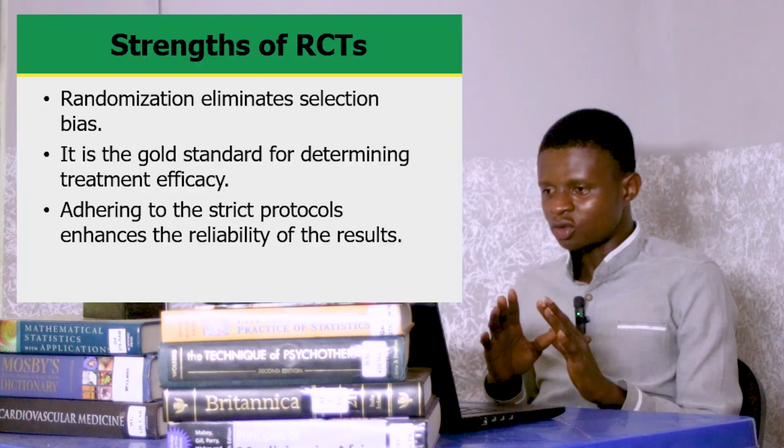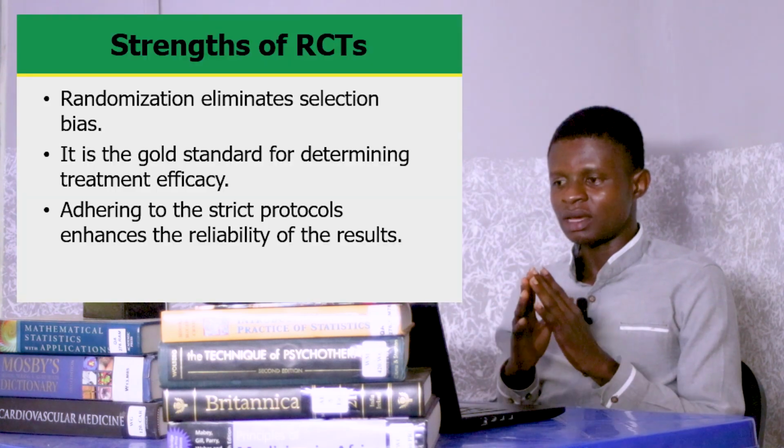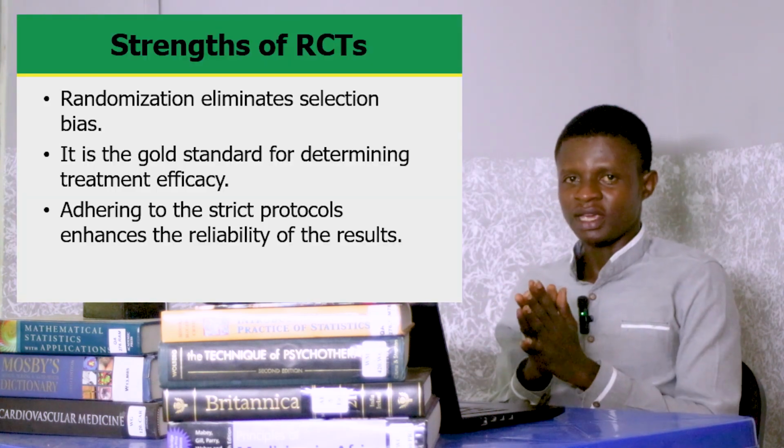There is no selection bias because it is very rigorous. And then also it is the gold standard for determining treatment efficacy. If you want to know what intervention works best, it is randomized control trial that can give you that.